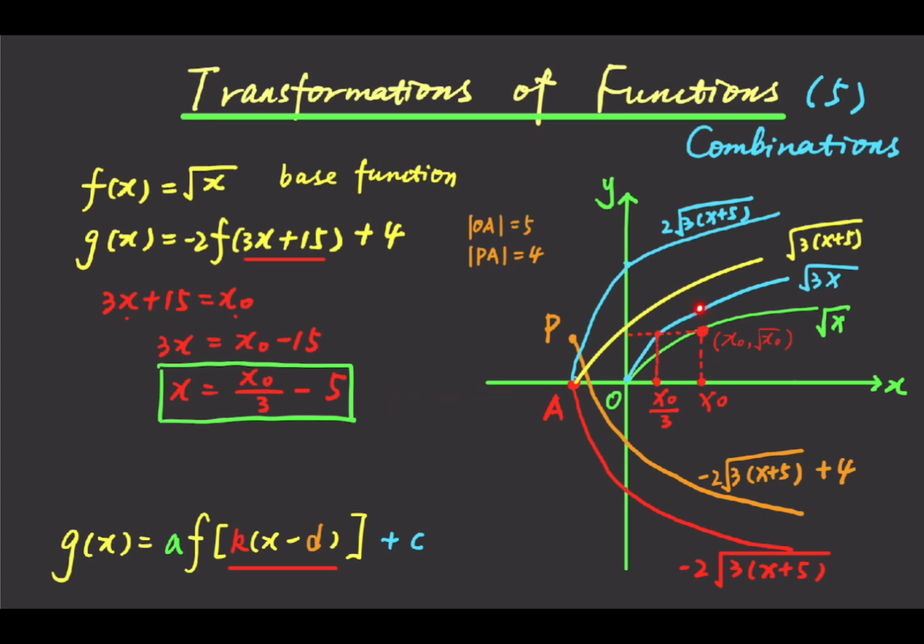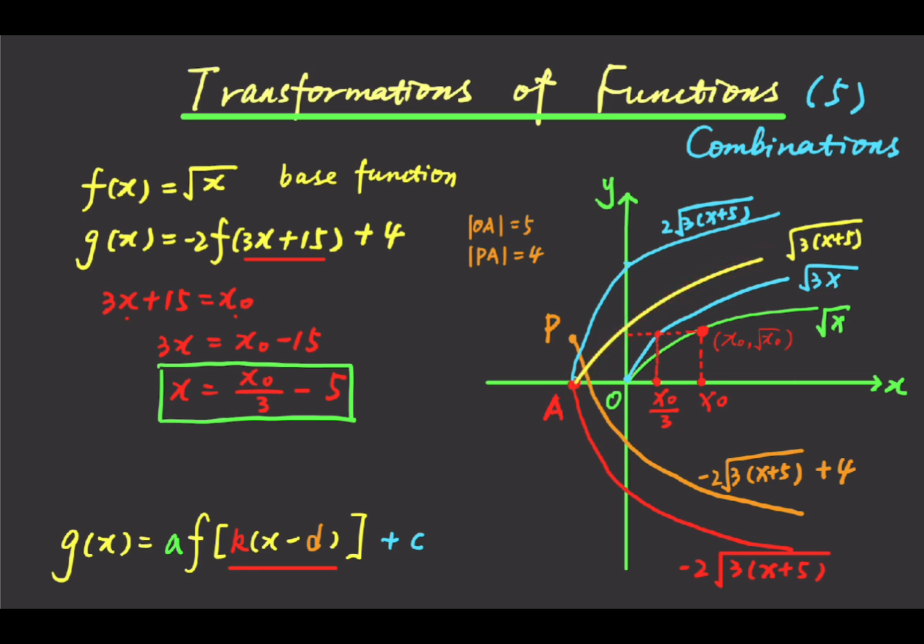That is, every point on this graph, we need to move to the left side by 5 units. So OA, this distance, should be equal to 5. Then we can get the corresponding graph of this function. It should be the yellow curve.